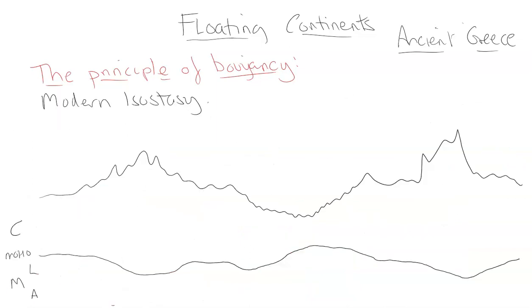So modern-day isostasy takes into account the buoyancy and Airy and Pratt, and looking at, obviously, the terrain of the planet is a bunch of valleys and plains and mountains and areas of different elevations and gradients and slopes, and also different densities based on the composition of both the ocean and the continents.